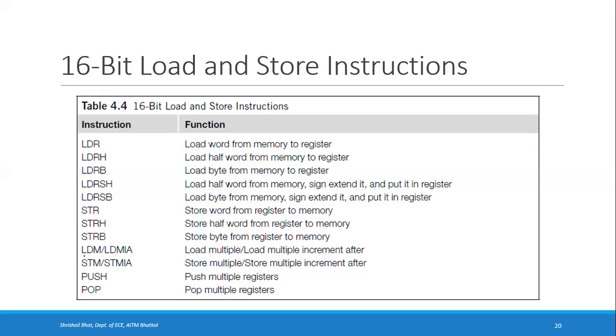Okay, LDM and STM, that is for load multiple and store multiple. And LDMIA and STMIA means increment after. Okay, that means just like you have used some string instructions, if you remember in 8086. So if you want to load or store multiple bytes, after each load operation you can increment the pointer, right? So that is done using the suffix IA, increment after.